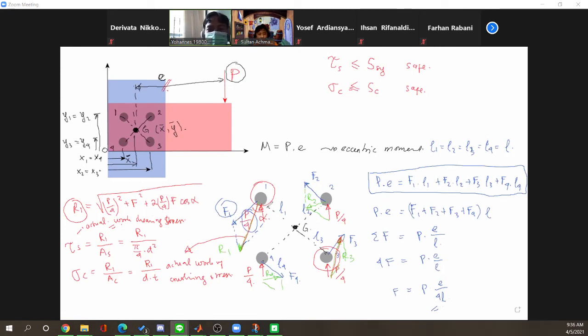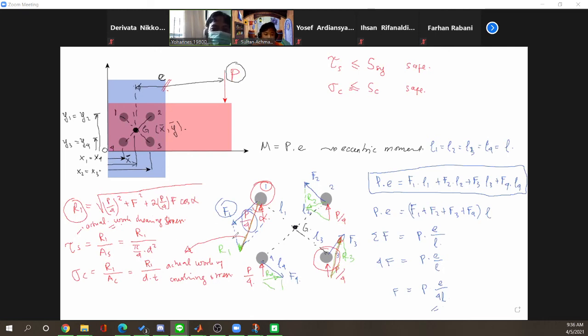Then using parallelogram, you can check which part is the critical one, which rivet holds or resists the maximum load, and take this rivet in the analysis. Okay, so for example here, we have the first and the third rivet resist the highest load.